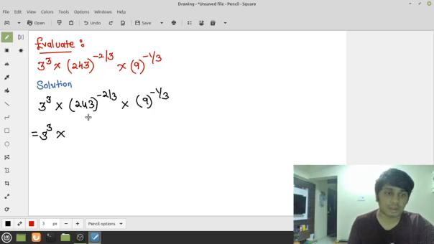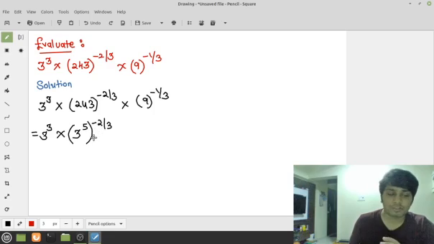Now 243, can you write it with the base 3? Definitely you can do that. 243 is 3 raised to what? It's going to be 5, right? So 3 raised to 5, the whole raised to minus 2 upon 3.